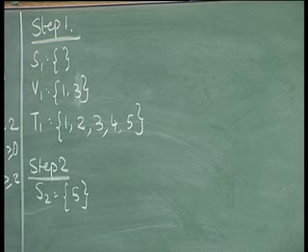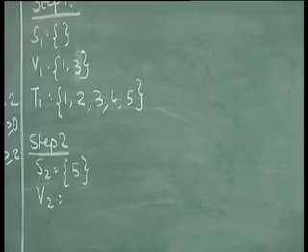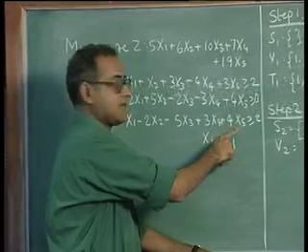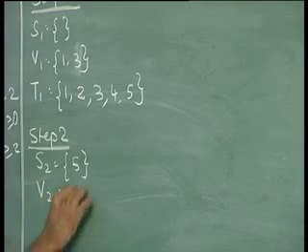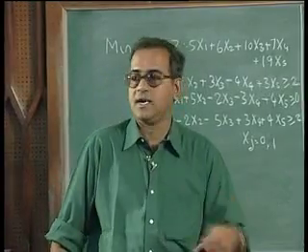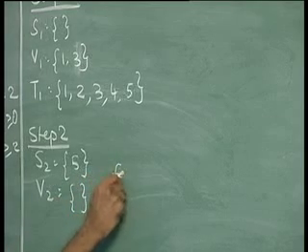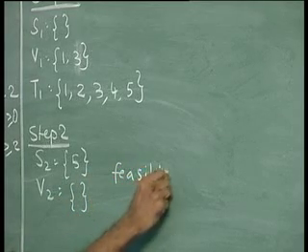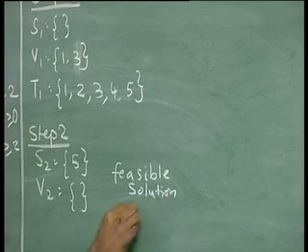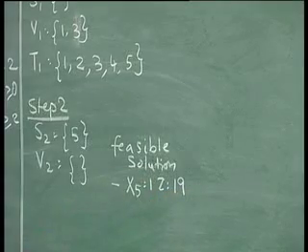Now, the moment we fix variable x5, we have to find out V2. V2 is a set of violated constraints. This is satisfied, this is also satisfied. So, V2 becomes a null set, and the moment V2 becomes a null set, which means no constraint is violated, you have a feasible solution. So, you update that solution. This solution is x5 equal to 1, z equal to 19.